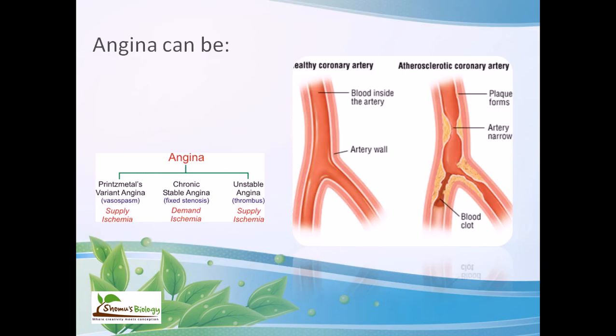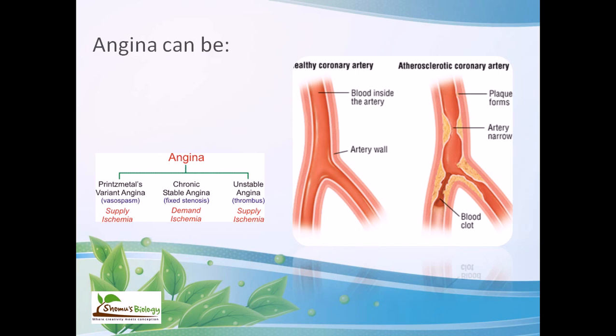They can be divided into three parts. Unstable angina is a small version of angina, caused by the blockage of the coronary artery. I remind you, all forms of angina are simply blockage of the coronary artery and blocking of its blood flow. For the unstable one, the blockage is done by simple plaque formation or movement of thrombus.